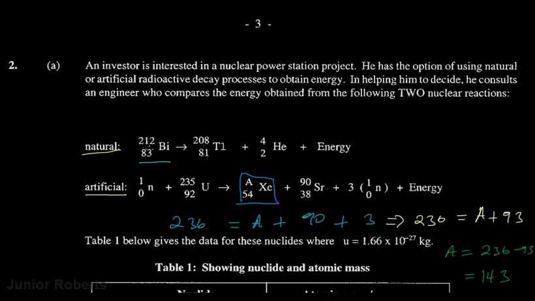So we have bismuth decaying to form thallium and a helium atom plus energy. So we're going to consider the mass of our reactants and the mass of our products to determine our mass defect, which is delta M. So we're going to rewrite this expression here.